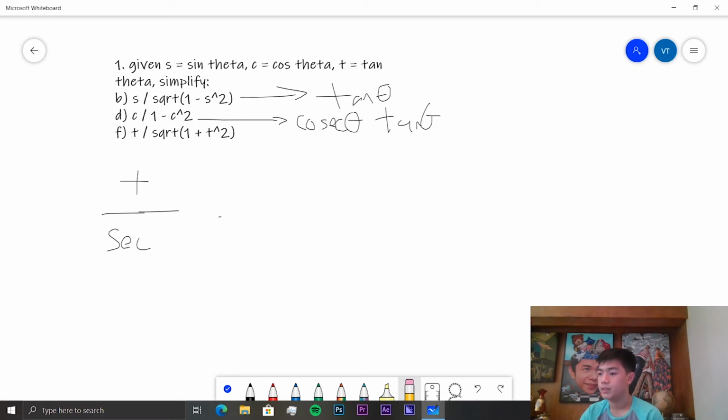Tangent over secant is equivalent to tangent times cosine, which is simply equal to sine theta. So those are those three out of the way.